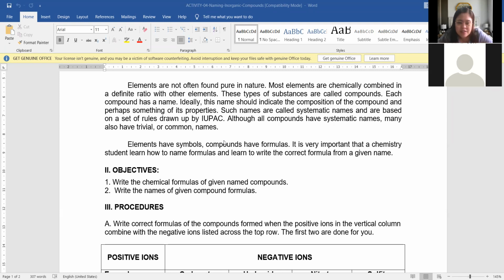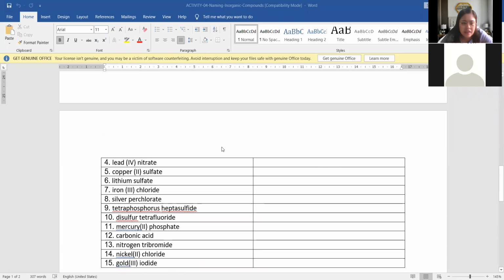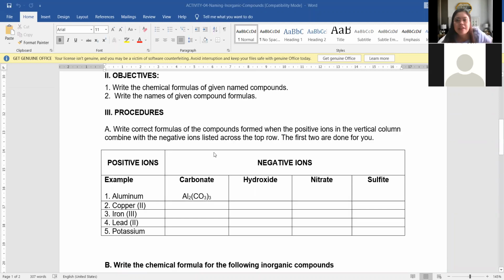Our objective is, first, we have write the chemical formulas of given named compounds, and second, we have write the names of given compound formulas. So we have here hanggang C ata ito. Okay. So letter A, what you are going to do is to give the correct formula for the given. So you have their list of positive ions, and then you will be combining it with the negative ions. Tapos, isusulat natin yung tamang chemical formula nila.